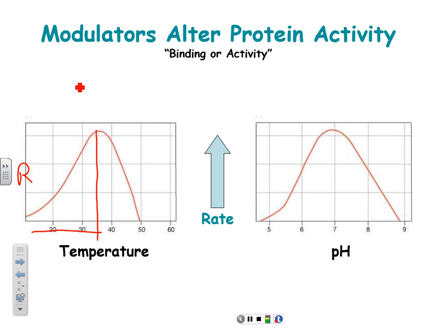Notice that at or about our body temperature, enzymes have their highest rate of action. Just about at our homeostatic temperature, we have the highest rate of protein activity. Notice as temperature increases, the rate of reaction of a protein declines.